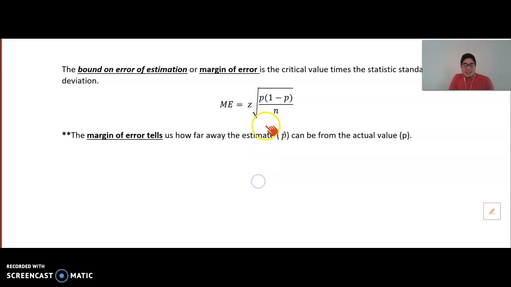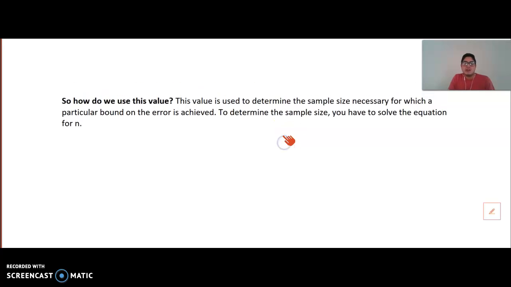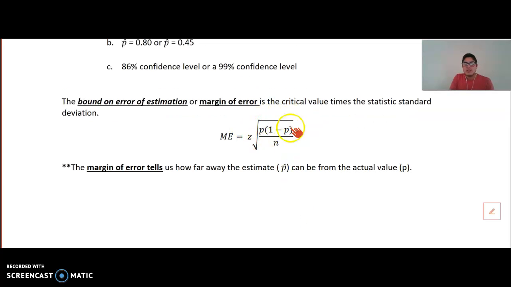Now, next page: how do we actually use the margin of error? Well, the value is used to determine the sample size necessary for which a particular bound on the error is achieved. To determine our sample size, we would need to solve the equation for n. Sometimes I'm just given a margin of error, but I'm not given a sample size, and I would need to figure out an appropriate sample size.